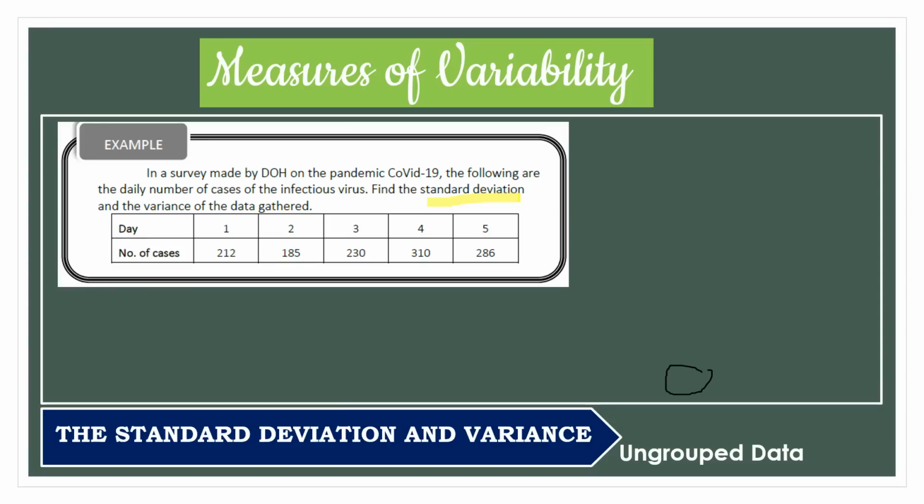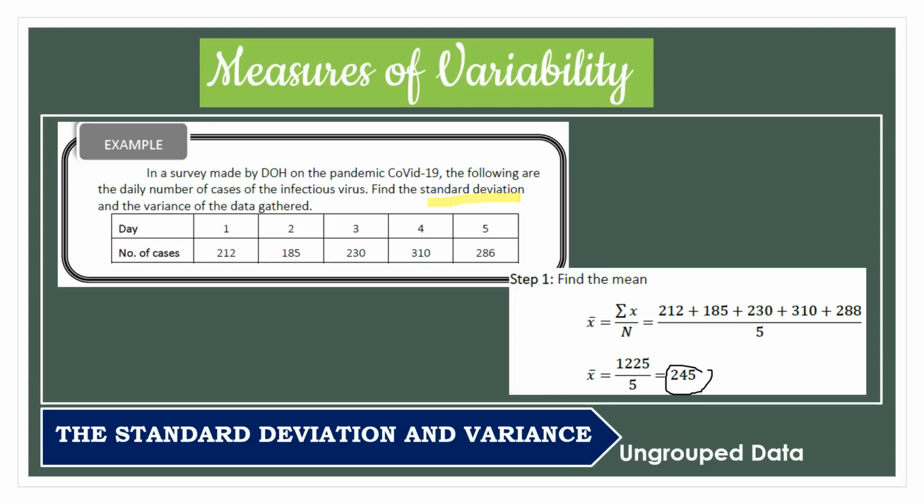In a survey made by DOH on the pandemic COVID-19, the following are the daily number of cases of the infectious virus. Find the standard deviation and the variance of the data gathered. For step 1, we again find the mean. We do that by adding all of the scores.